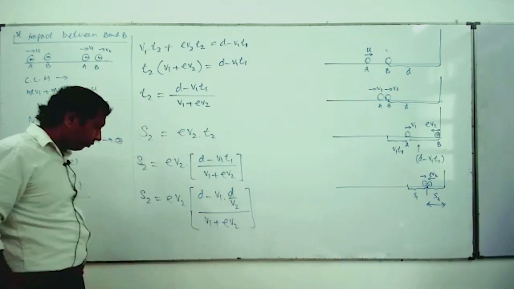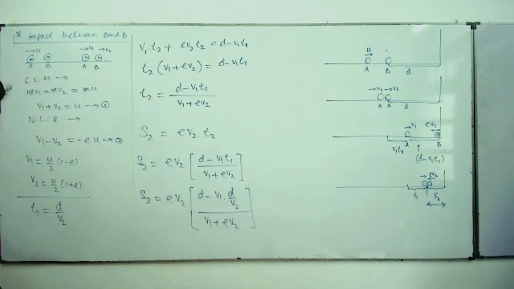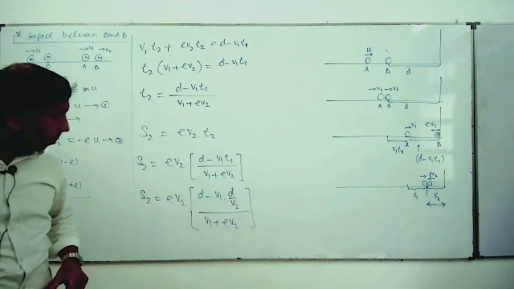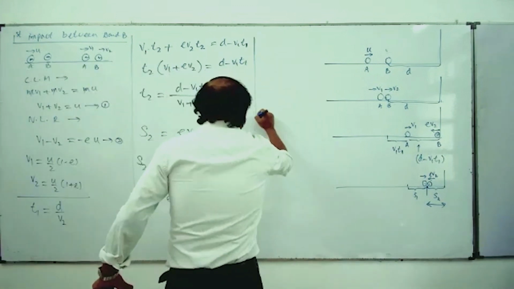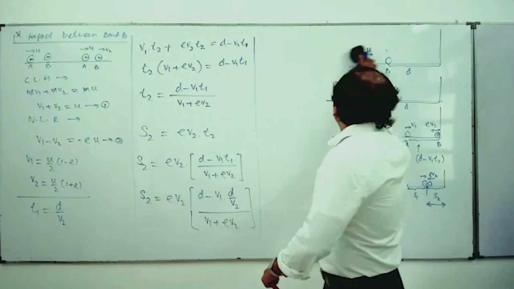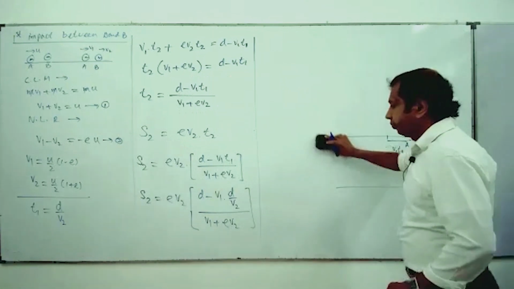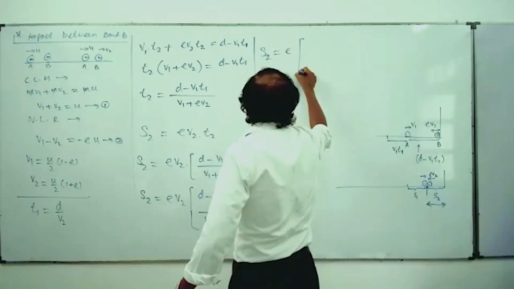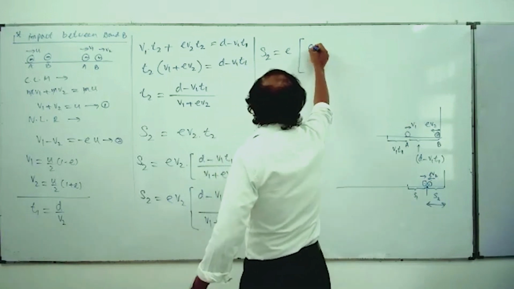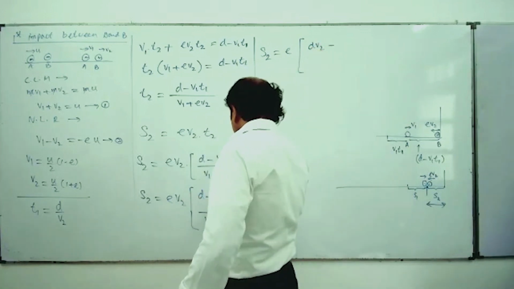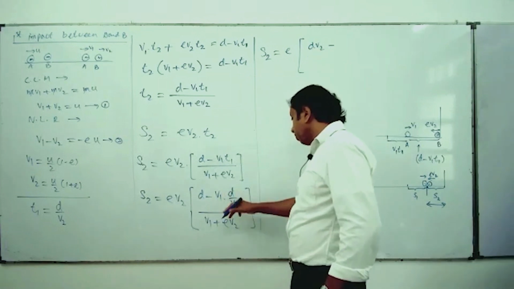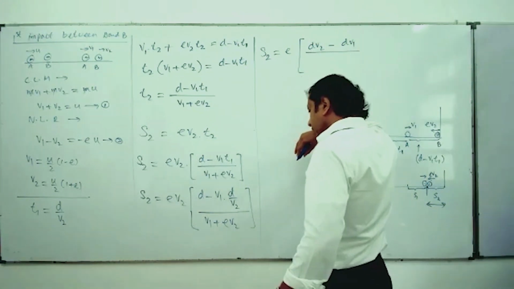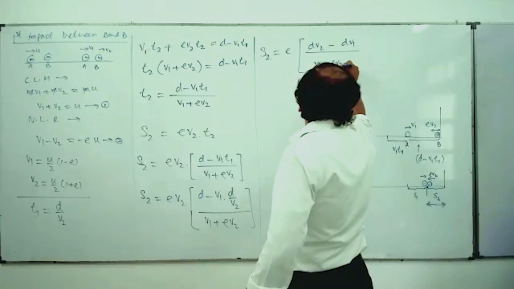Now, we will bring this V2 inside. Right. I erase this now. S2 equals E times D V2, once we bring this V2 inside, that V2 and this V2 we can cancel, D minus V1, divided by V1 plus EV2.